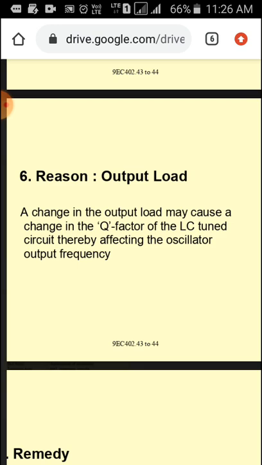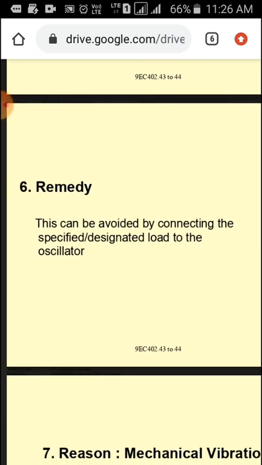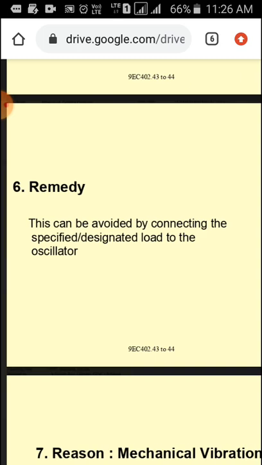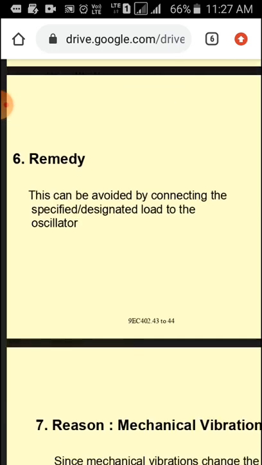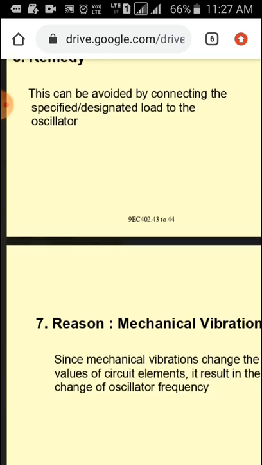A change in the output load may cause a change in the Q factor of the LC tuned circuit, thereby affecting the oscillator output frequency. Next remedy: this can be avoided by connecting the specified or designated load to the oscillator.